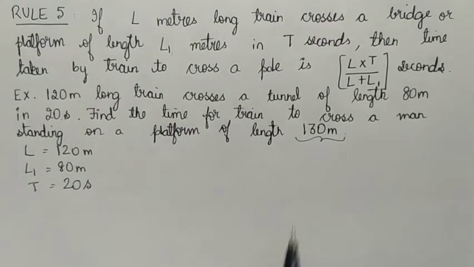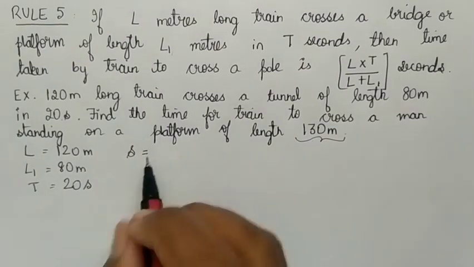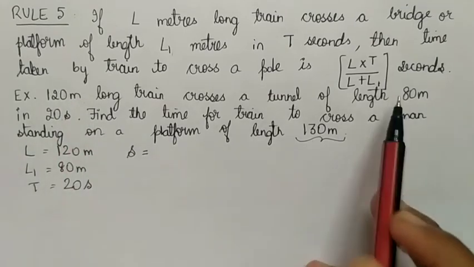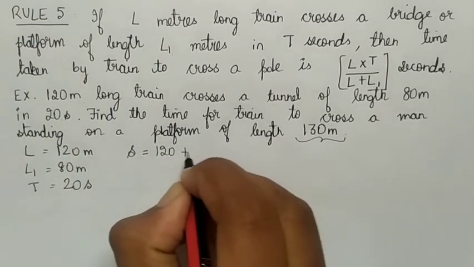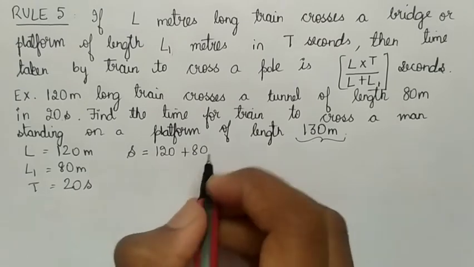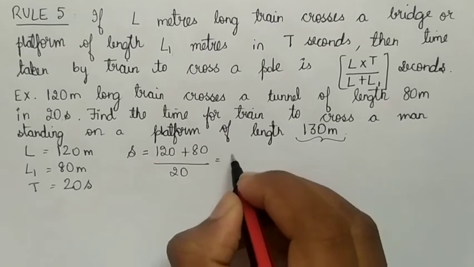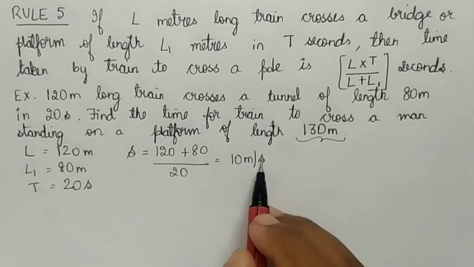So I'll solve this in two ways. Let me first find the speed of the train. To find the speed, I'll have to find the overall length it will cross, 120 plus 80. So the length of the train is 120 meters, the length of the platform is 80 meters. It will cover it in 20 seconds. So 200 by 20 gives me 10 meters per second. This is the speed of the train.